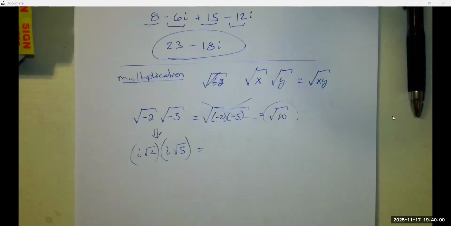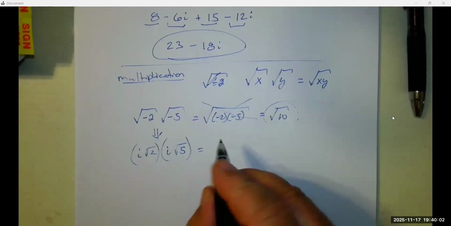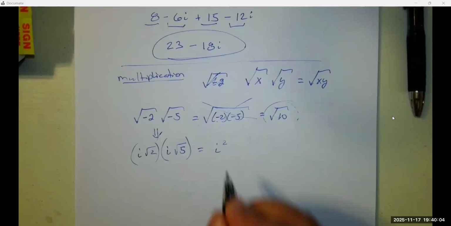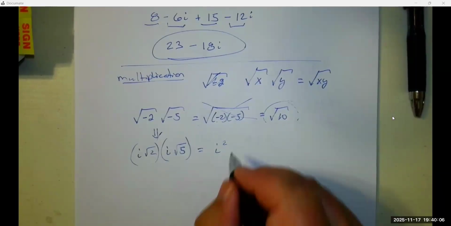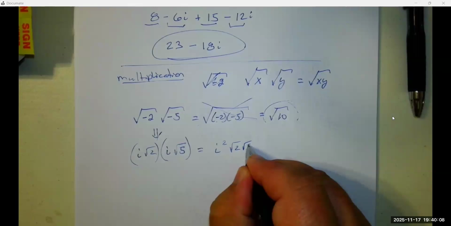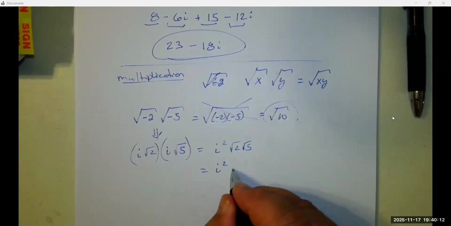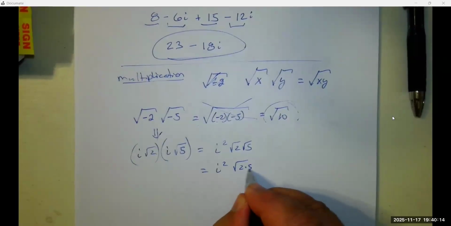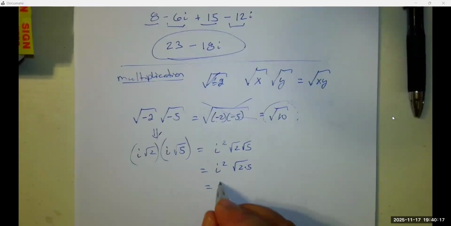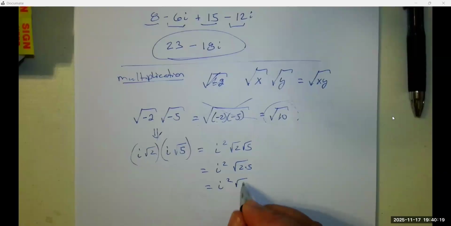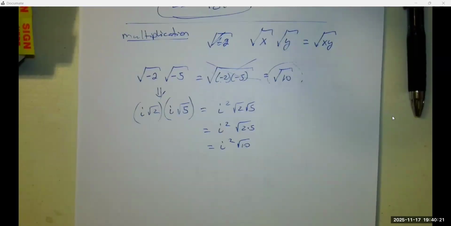Now you can multiply them. We have i times i is i squared. Radical 2 times radical 5. i squared, radical 10. Okay, here's a rule.